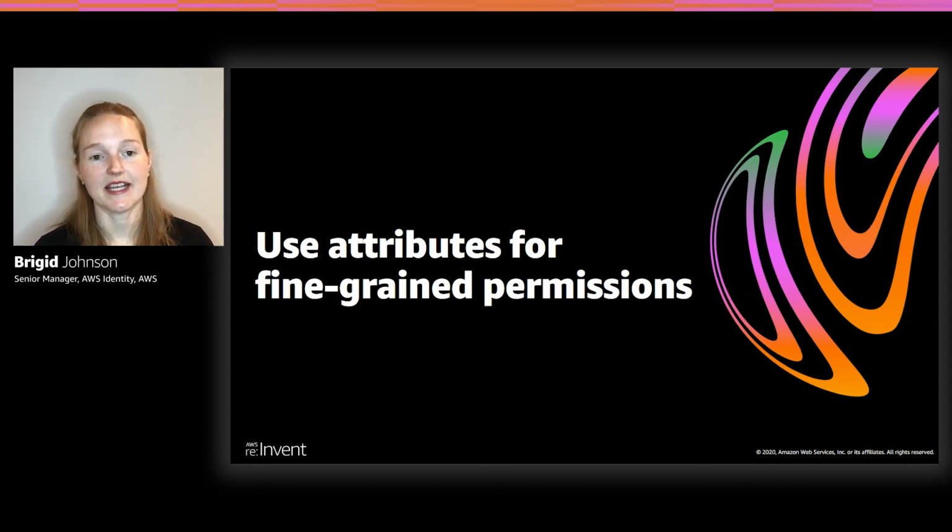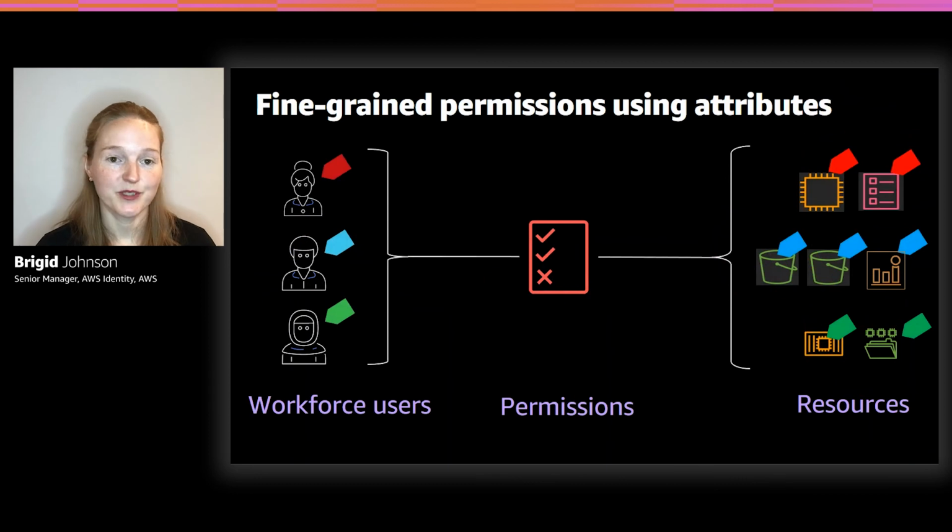And this is what it looks like, right? You would have your workforce users on one side, and they would have attributes red, blue, green, and then your resources on the other, red, blue, green, and the policy in the middle will essentially say if it matches. This is the time of year where I say, hey, if you were hesitant to use tags because the service you wanted didn't support them, go check out.